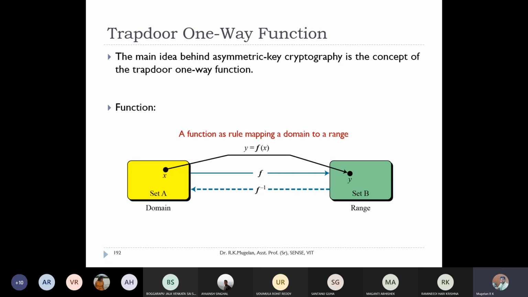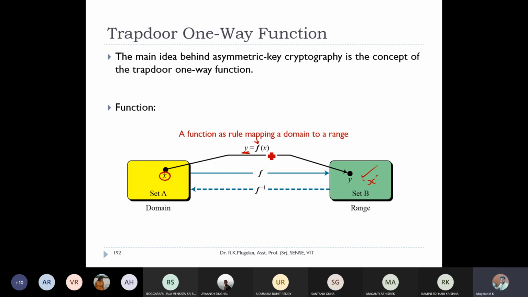Okay, now we move on to a function called trapdoor one-way function, which is the basic idea behind asymmetric cryptography. For example, assume that A is a transmitter and B is a receiver, and A is transmitting X in the form of Y after encrypting using a function f of x, and Y is received by B. Now B can retrieve X only by having knowledge of two things.